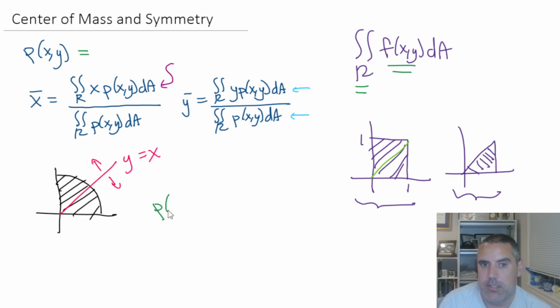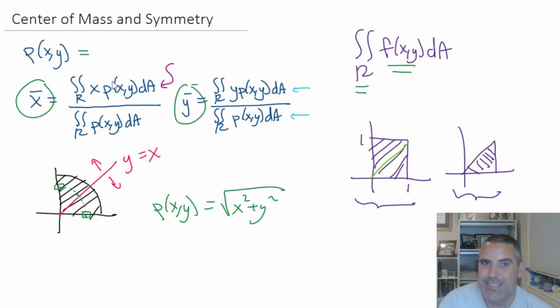Maybe if the density had something to do with x squared plus y squared, or distance from the origin, I might be able to figure out that anywhere along here, the density is the same. In that case, the density on this side is the same as the density on this side, so I would expect x bar and y bar to be the same.